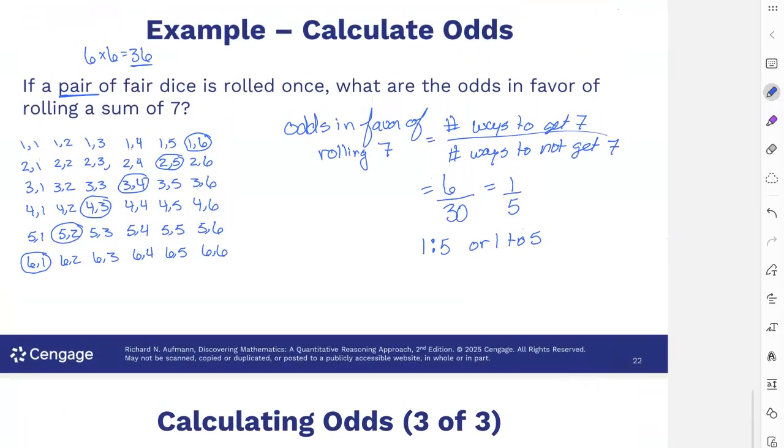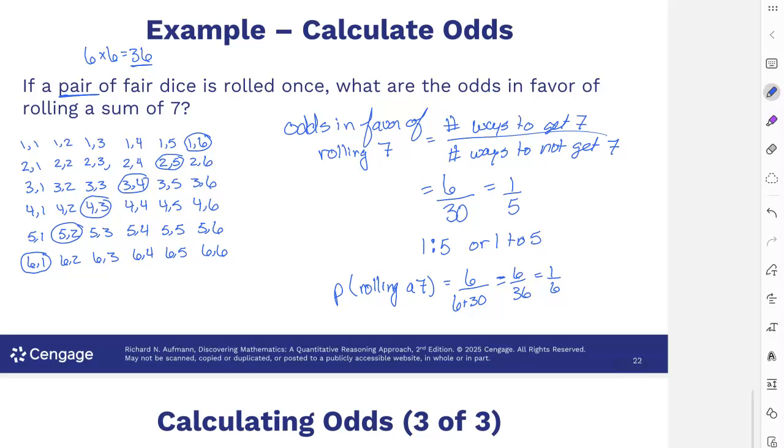So our odds were 6 to 30, so the odds in favor of a 7 is 6 out of 30. So the probability of rolling a 7 would be 6 out of 6 plus 30, which would be 6 out of 36, and that reduces to 1 over 6. And you can see that from the sample space.